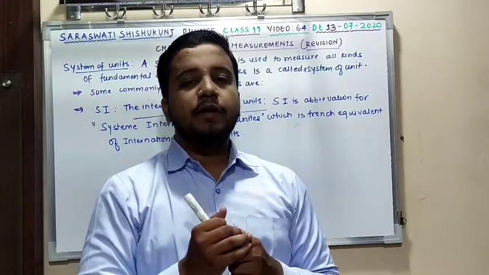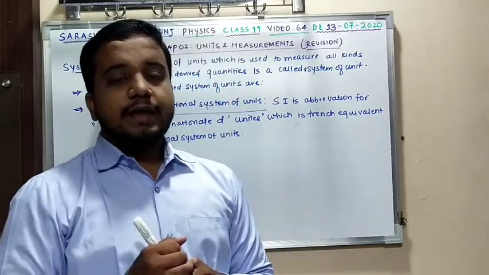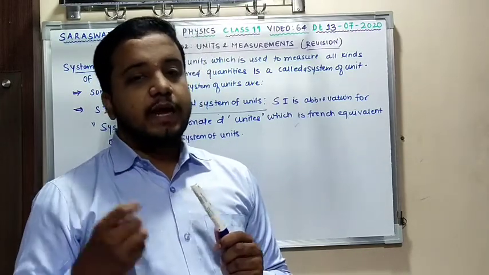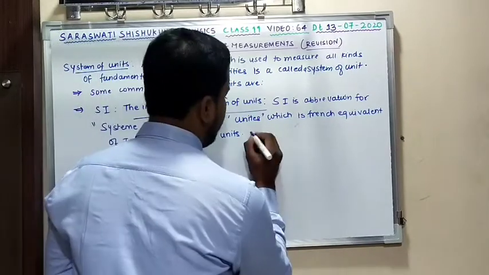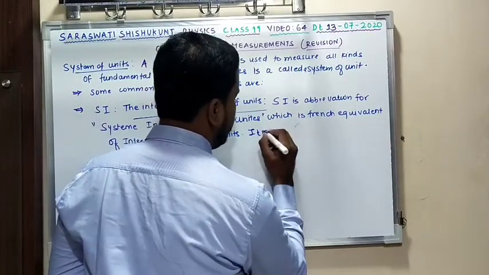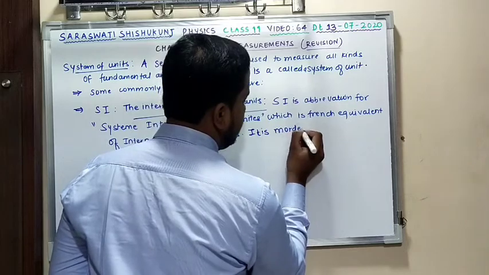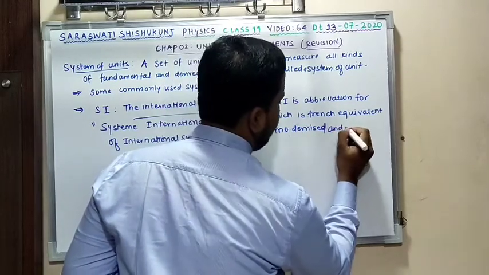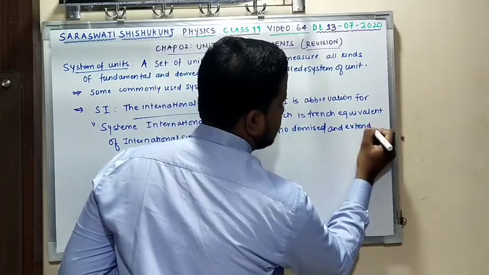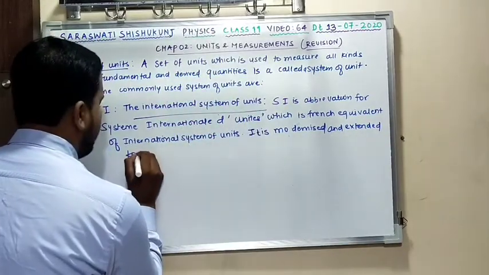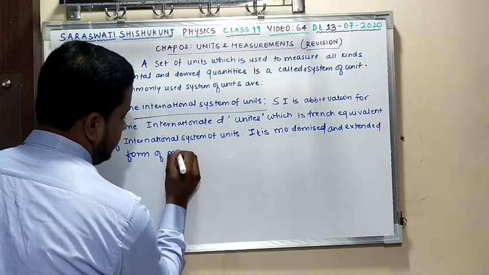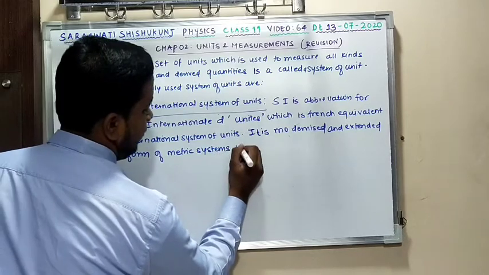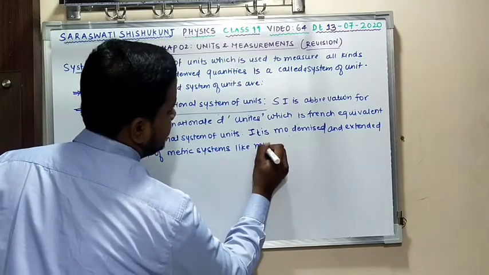The second important point in the SI system is that it is an extended and modernized form of what? Metric systems like MKS and CGS. So you can write, it is a modernized and extended form of metric systems like MKS and CGS.